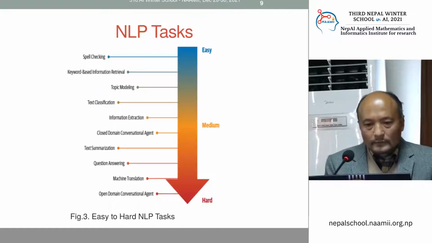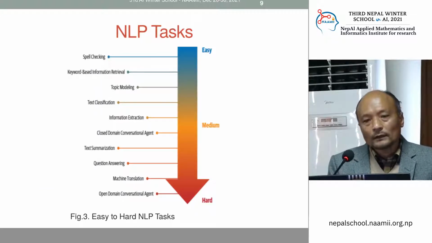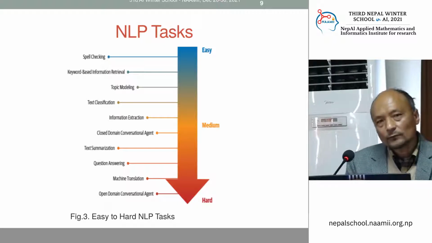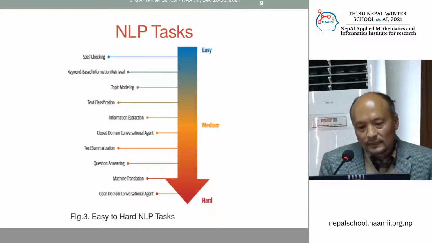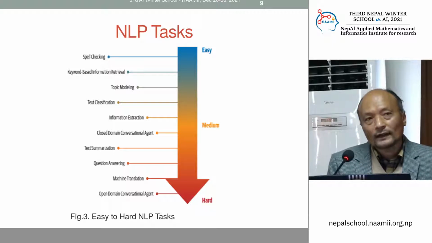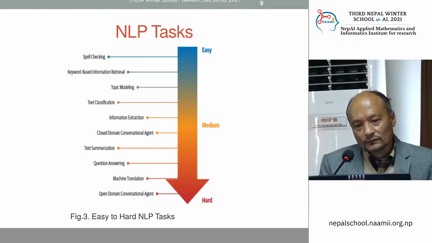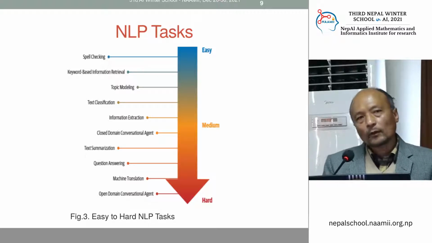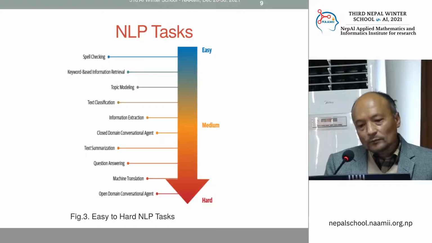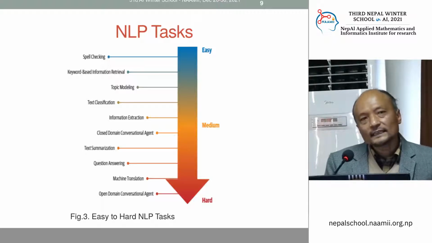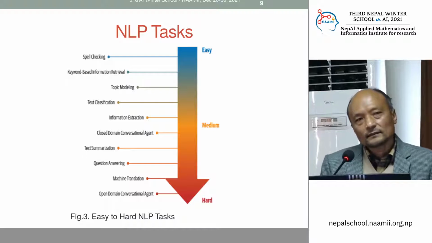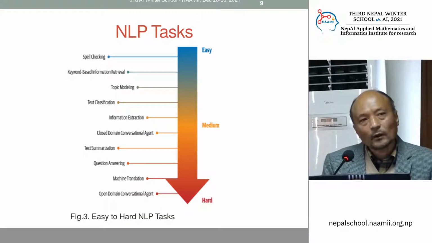So now that we have covered the NLP tasks, what could be the possible NLP tasks? Here is a chart which lists some easy to hard NLP tasks, right? As you move from up to down below, we move from some easy tasks. Spell checking is considered to be an easy task because that's already an established problem and we have certain solutions there, right?